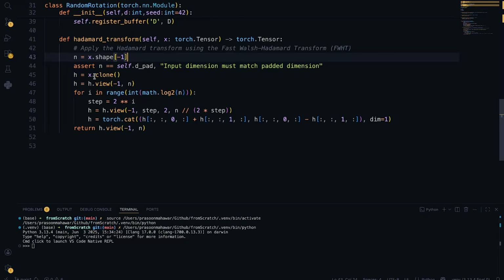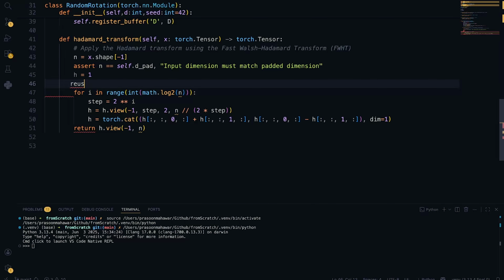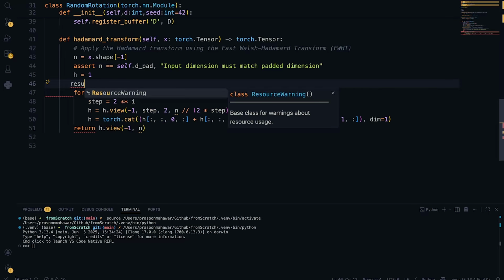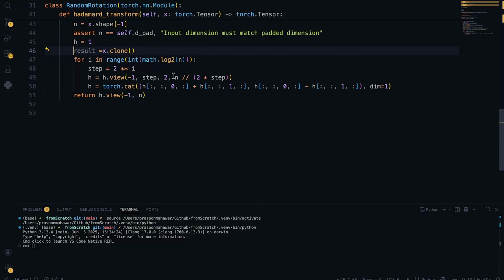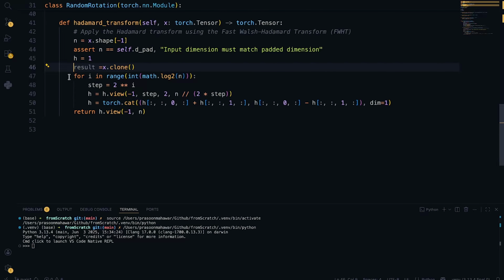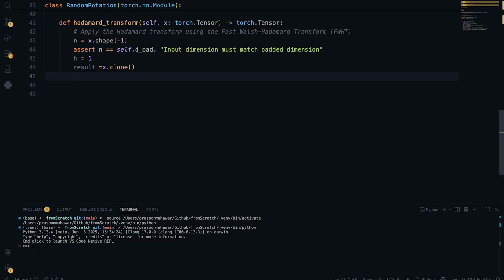Then h will be equal to 1 and result we have to define equals x.clone. Okay, everything is not right here, let me write it again.